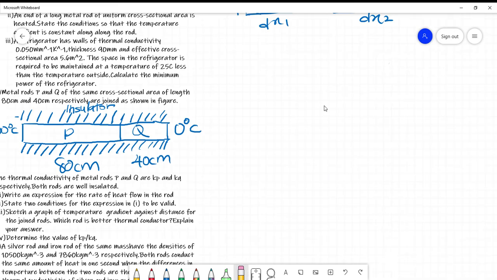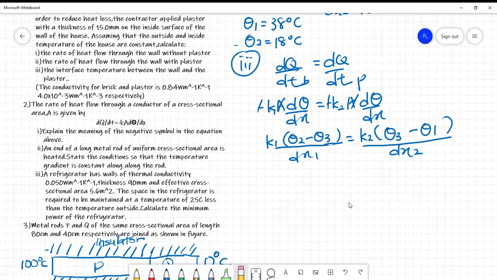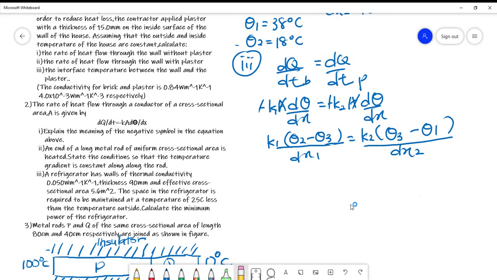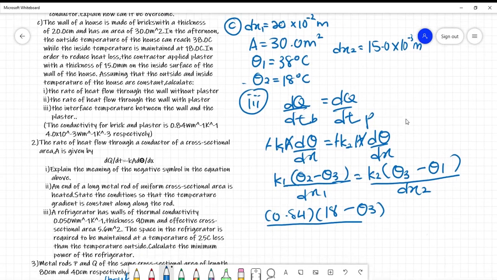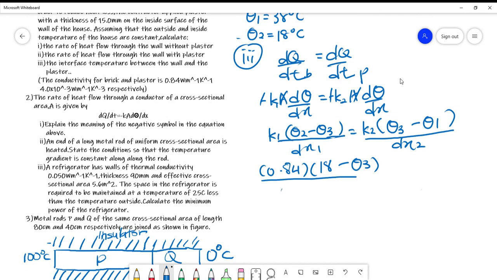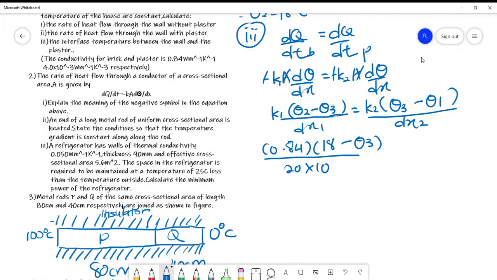Alright, so this one is 0.84, and theta 2 basically is 18 minus theta 3, divided by dx1, and dx1 is 20 times 10 to the power negative 2.